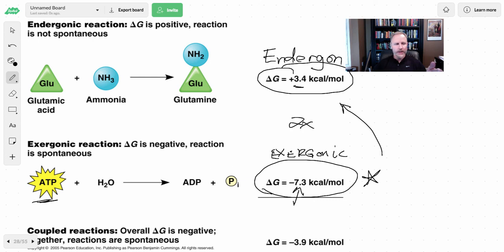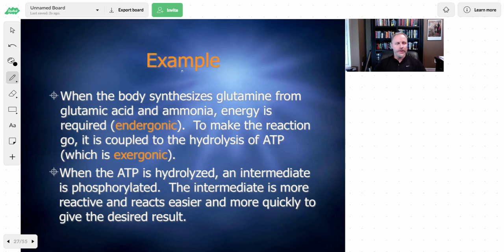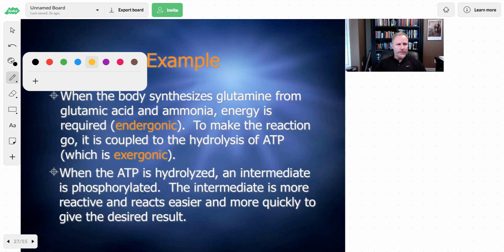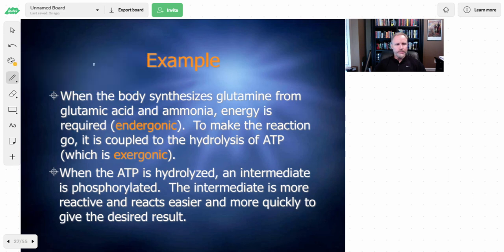For every 1 molecule of ATP that gets hydrolyzed, we can form 2 molecules of glutamine from glutamic acid and ammonia. Okay, and so what we're showing you here is that these endergonic reactions are coupled with exergonic reactions. So the energy being released is used to power the ones that need it.